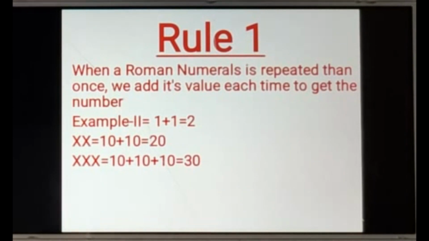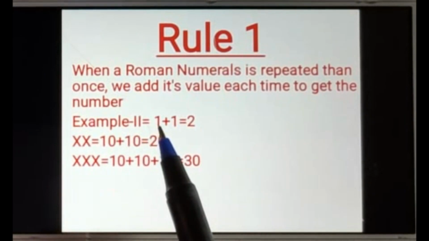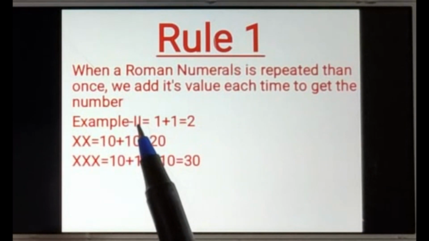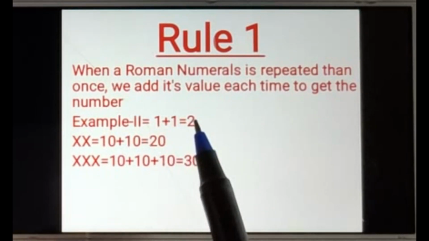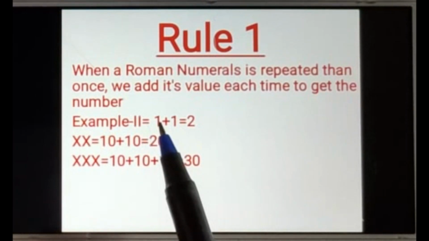Whenever you have a Roman number that is repeated, if you want to change it into a Hindu-Arabic number, then we add its value. Say I represents 1, as I mentioned previously. So if you have II, then you say 1 plus 1 is equal to 2. If only one I is there, it is 1.